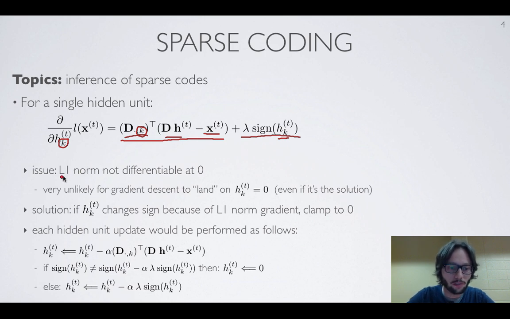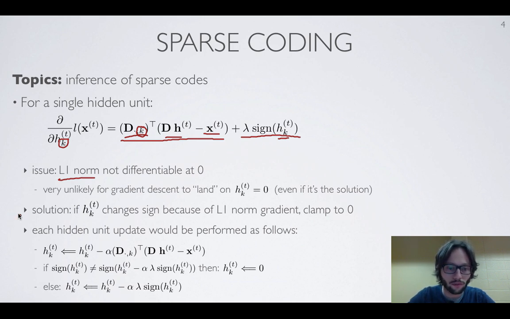And generally speaking, the L1 norm is not differentiable at 0. So gradient descent is not properly defined for this objective, because we don't have the gradient at exactly 0, even though we expect some of the hidden units to fall exactly on 0, because the L1 norm encourages sparsity.